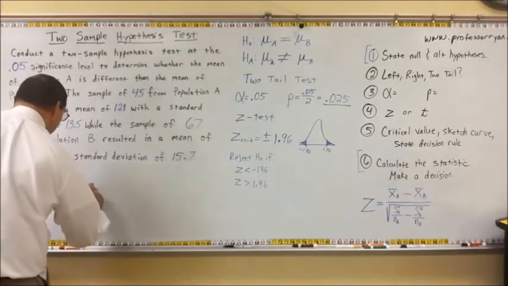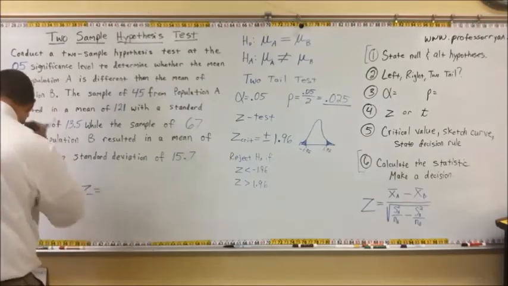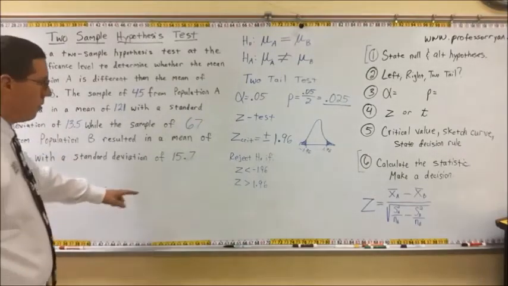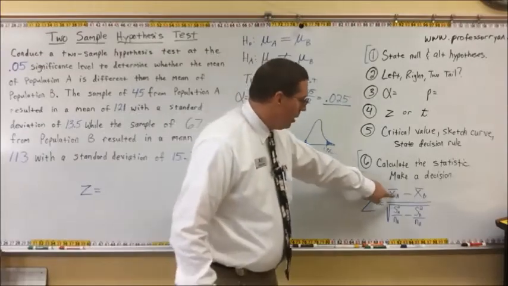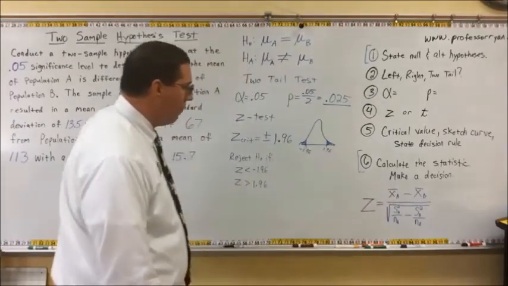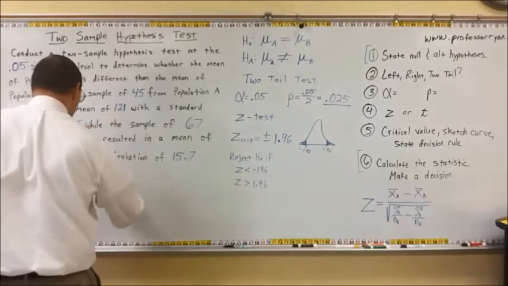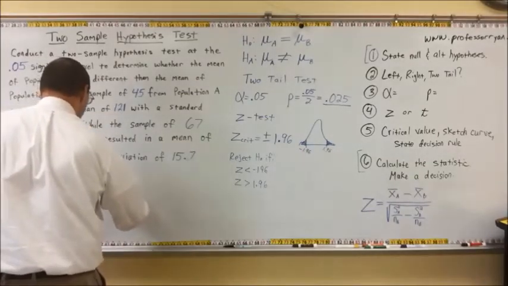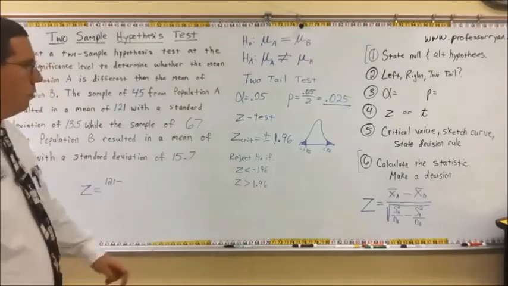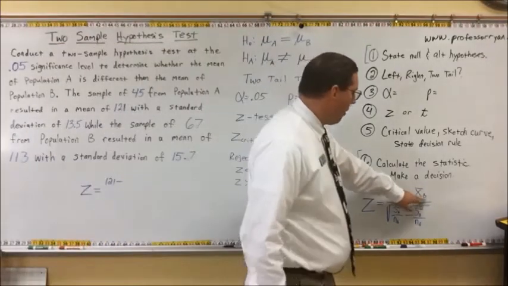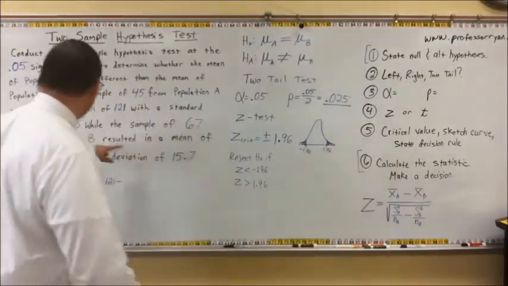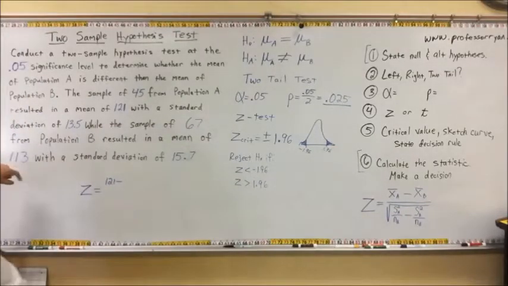To calculate the z statistic, we need to put in a bunch of numbers. We need to put the mean of the sample from population A, which is 121. So that's 121 minus the mean of the sample from population B, which is 113.